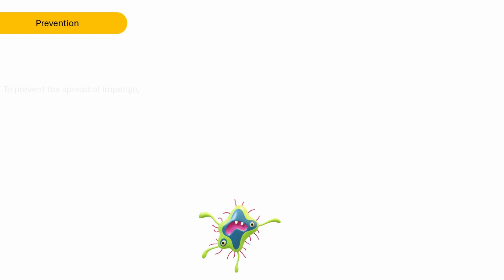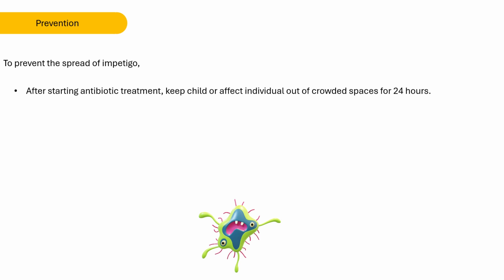Okay, prevention. To prevent the spread of impetigo, after starting your antibiotic treatment, it is recommended to basically quarantine for 24 hours. If you have a kid who's infected, don't send them to school because they have a high risk of infecting other kids. And you must cover any draining lesions or sores with bandages.